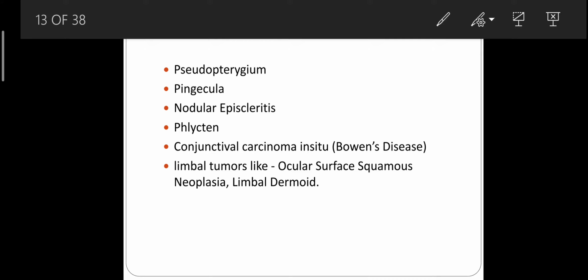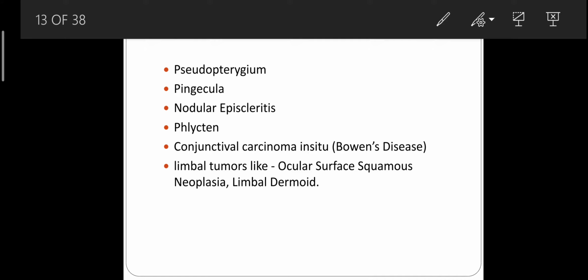So it can occur at any age group, unlike the pterygium, which usually occurs in middle age or increases with age. And pseudopterygium, the site is not usually the 3 o'clock or 9 o'clock position. It can appear anywhere on the cornea, and it's always stationary, unlike the pterygium, which can be progressive, regressive, or stationary.